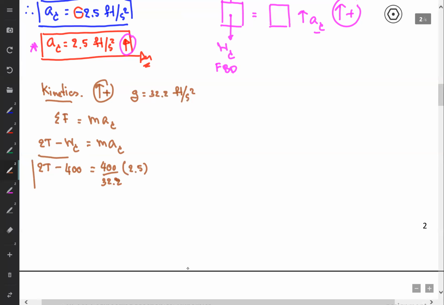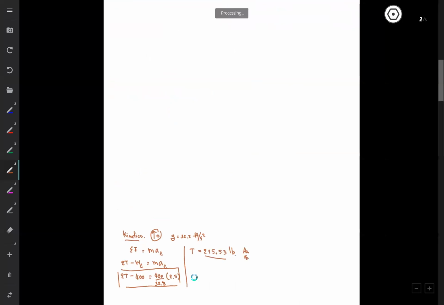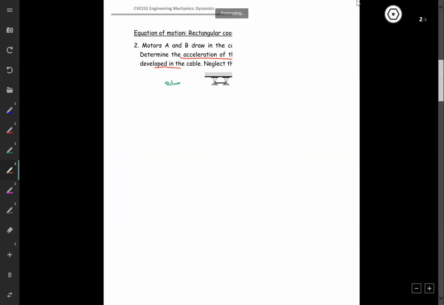From this equation we can solve for the tension. By solving this equation, we obtain the tension equal to 215.53 pounds. This is the second answer. So let's solve this problem.